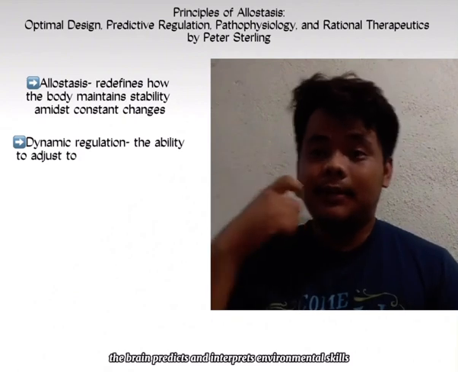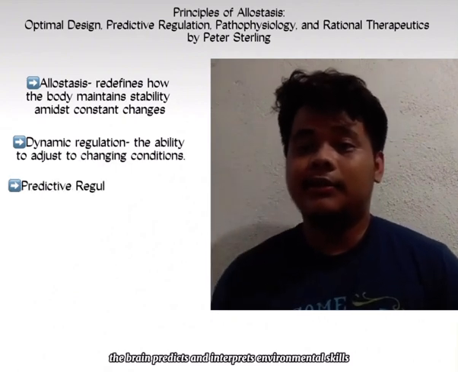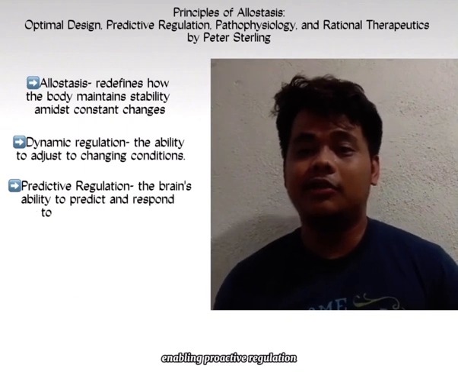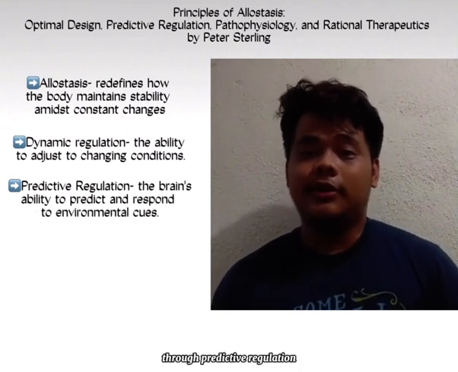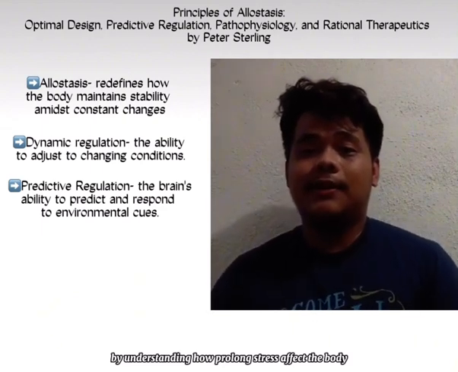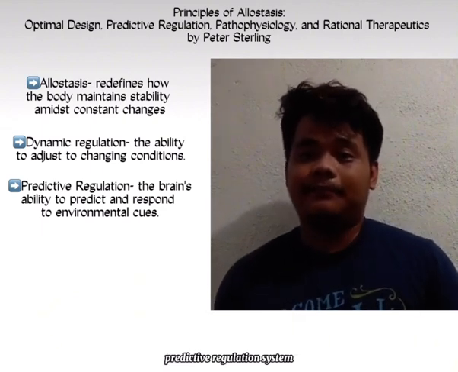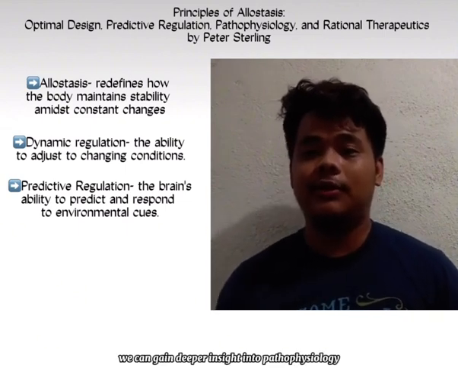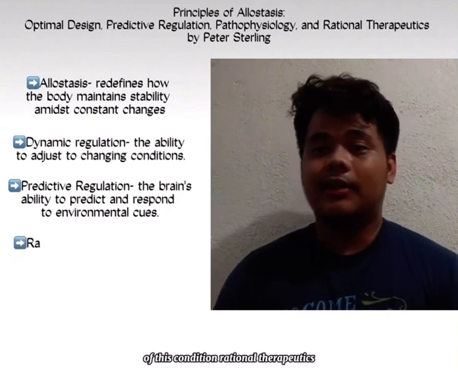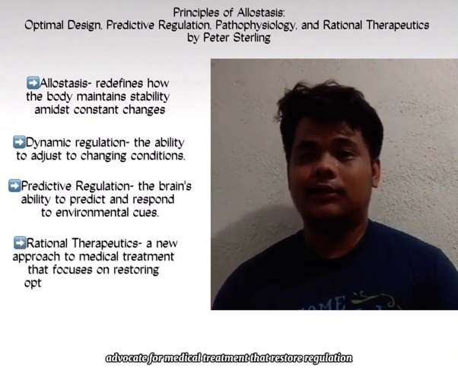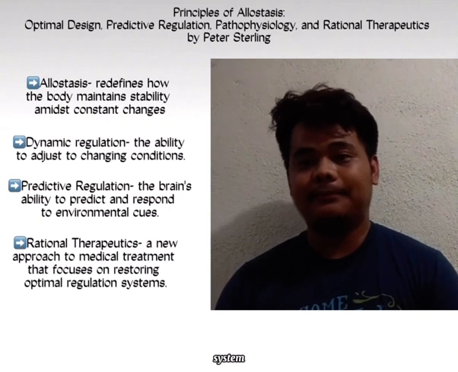The brain predicts and interprets environmental cues, enabling proactive regulation through predictive regulation. By understanding how prolonged stress affects the body's predictive regulation system, we can gain deeper insight into the pathophysiology of this condition. Rational therapeutics advocate for medical treatment that restores the regulation system.